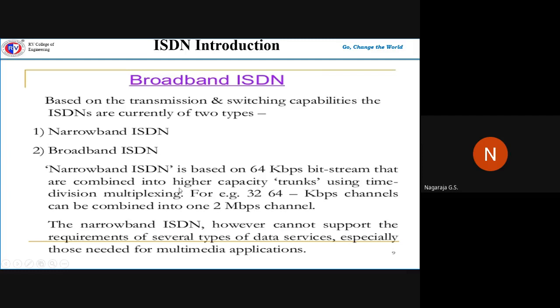The speed is very low in the case of narrowband, which is why the name itself is narrowband, in terms of kbps. If you combine all these together using a multiplexing technique and want to transmit over a single communication channel, that's a medium.